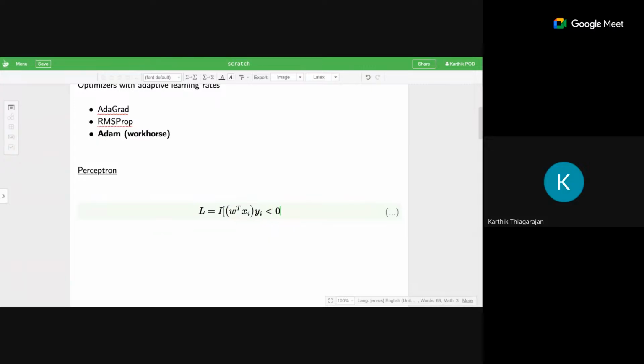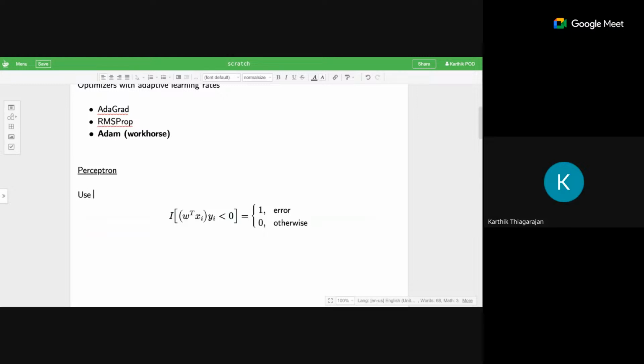So this is 1. So when is this 1? This is the error function, right? So if this is less than 0, then this is 1 if the perceptron makes an error and 0 otherwise. Correct? Where I'm using the following label convention.